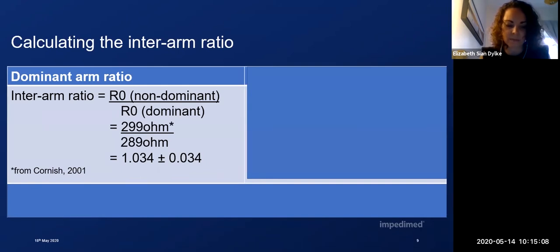Therefore, if the dominant arm is the one of interest, you divide the impedance of the non-dominant arm into the dominant arm, resulting in a mean normative ratio between the arms of 1.034. If the arms had the same amount of extracellular fluid, we'd expect to see an interlimb ratio of 1.0.